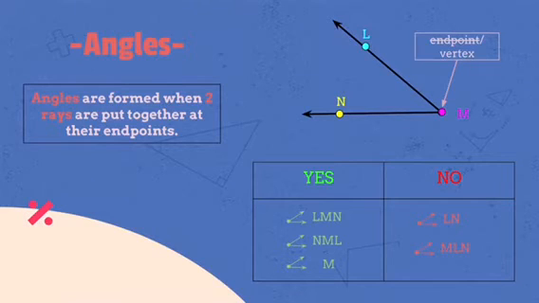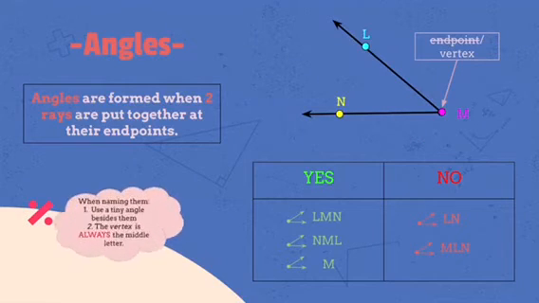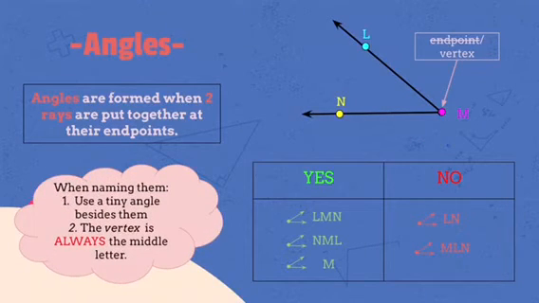So here, in this angle, we can see both rays attached at their endpoints. So when naming angles, you must use a tiny angle next to them. And the vertex should always be the middle letter when naming them. So here, as shown, the endpoint's name becomes a vertex.